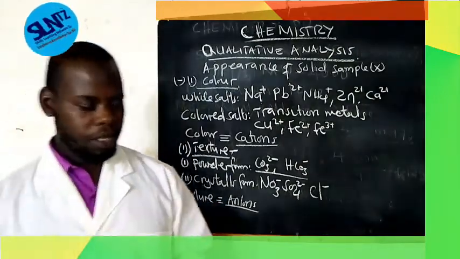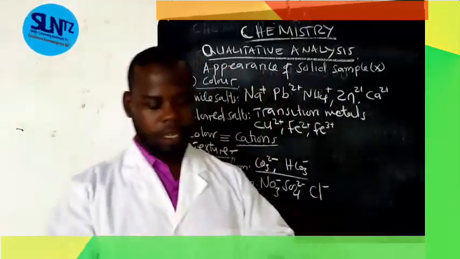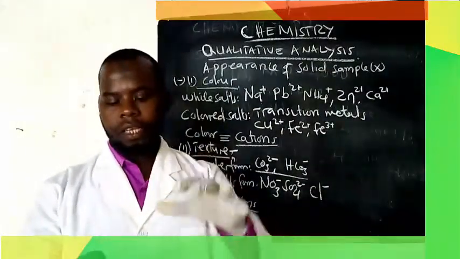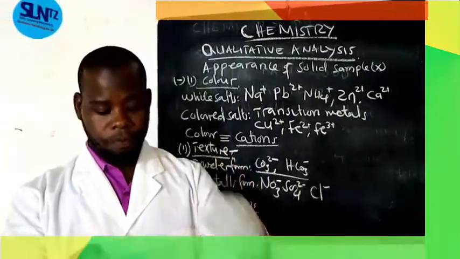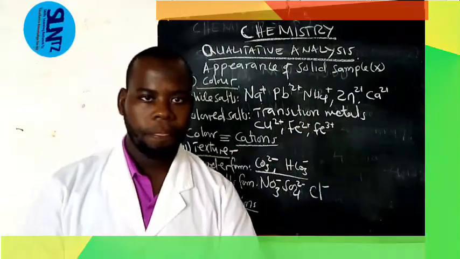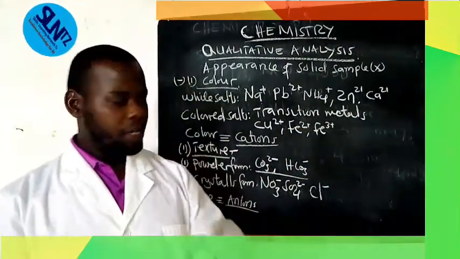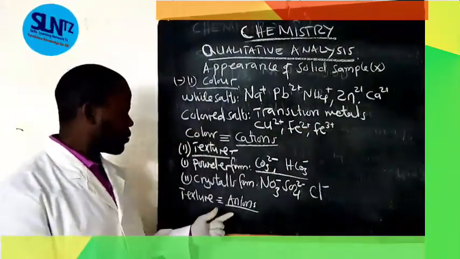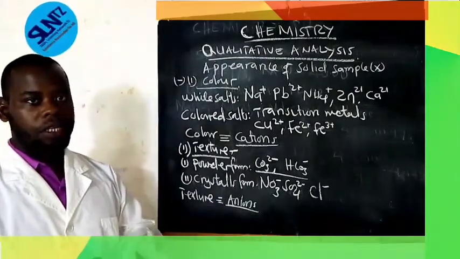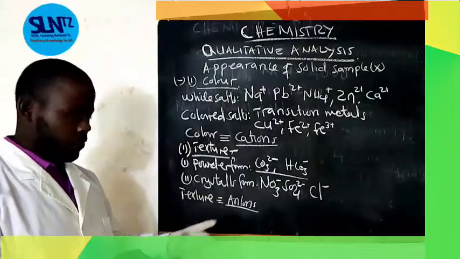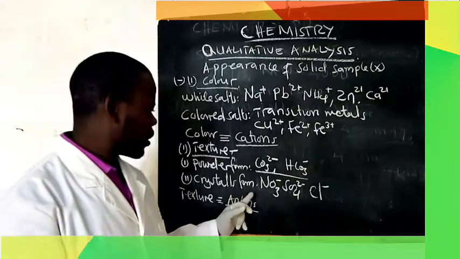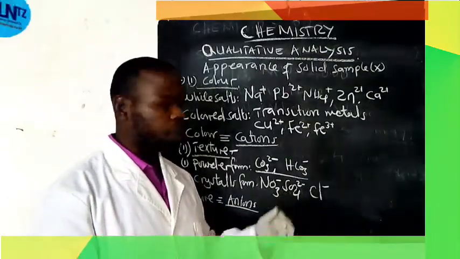It means when you see, let's check our appearance of this one. The first color is blue. When you go to the sheet here, you say this is copper. And inside of crystals, there is nitrate, sulfate, chloride.